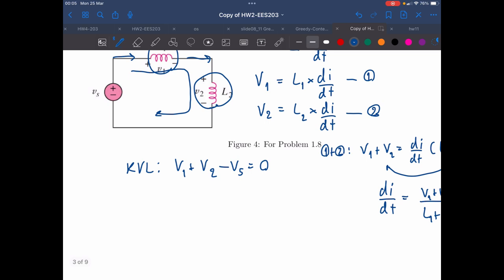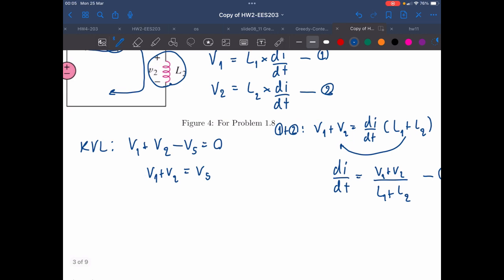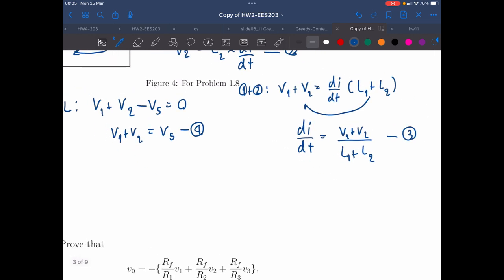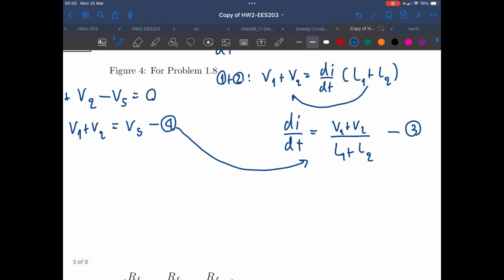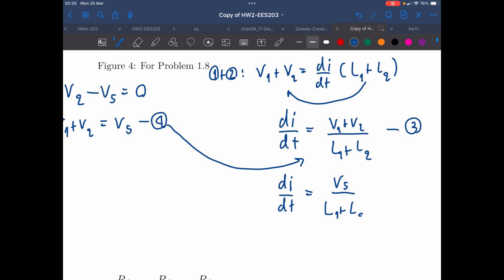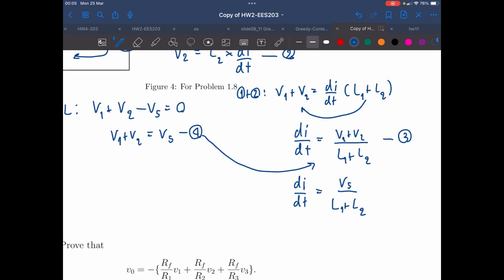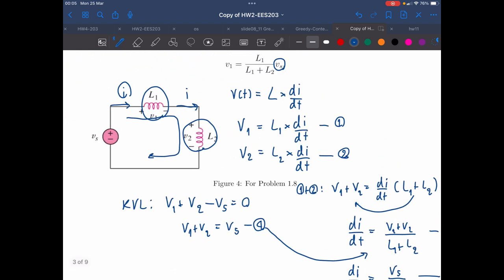And then we get the relation V1 plus V2 equals V source. Now we could substitute this into equation 3. We will get the derivative of I with respect to t equals the voltage source divided by the sum of inductance 1 and 2. Alright, now we got this latest equation.